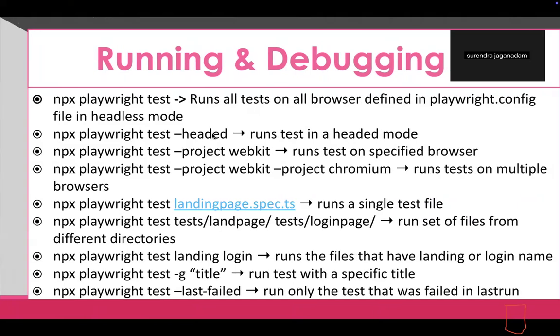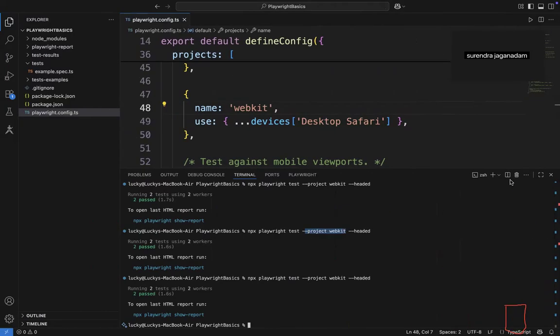So npx playwright test --project webkit means this will run the test on a specified browser. Now, if you specify two projects, this will run your test on multiple browsers. Here I'm using the same headed command again.